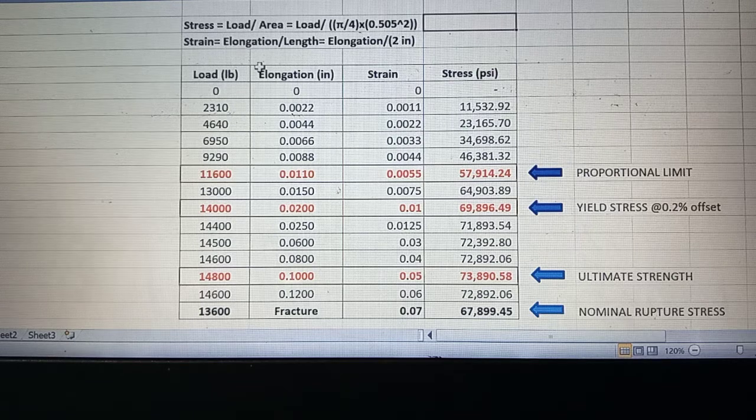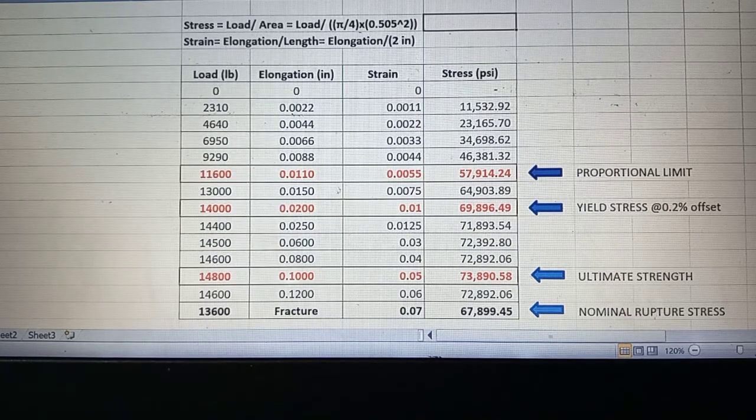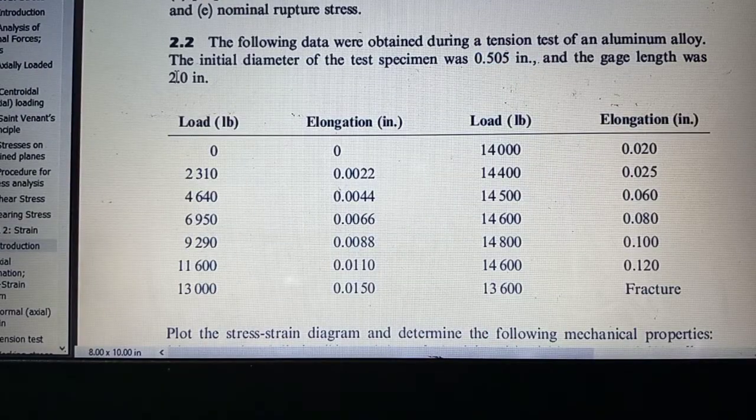And then the strain is equivalent to the elongation, or let us say the deformation, over the length. The length of the specimen from the question is the gauge length, which is 2 inch.